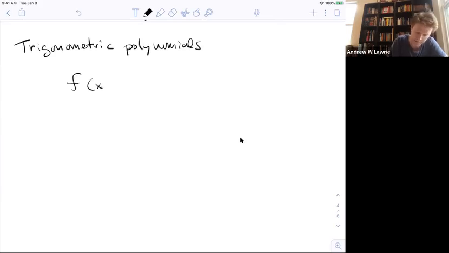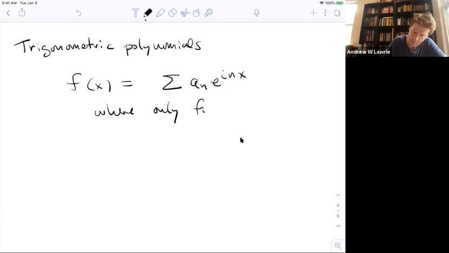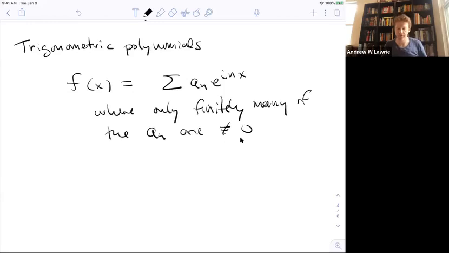f of x is equal to some finite sum of a_n e^{inx}, where only finitely many of the a_n are not equal to 0.